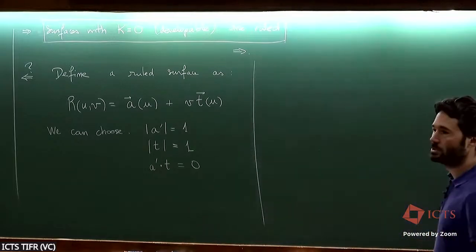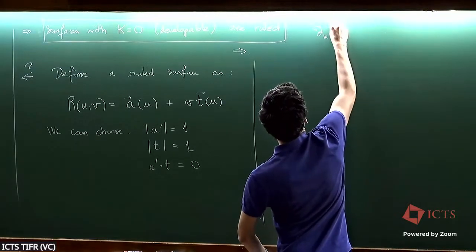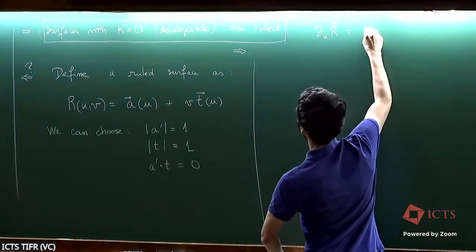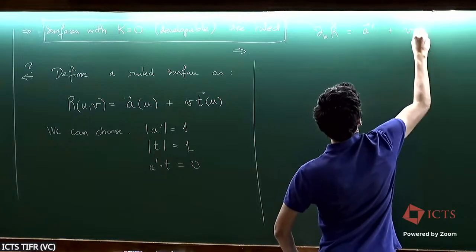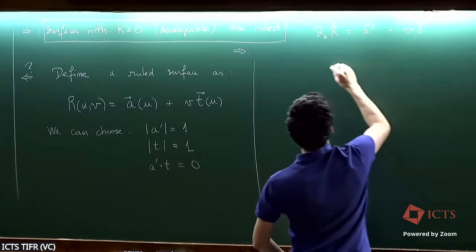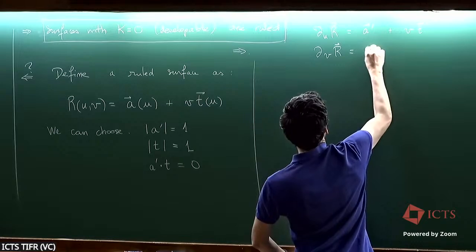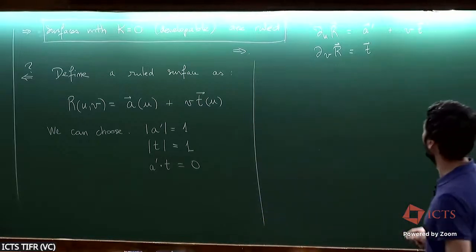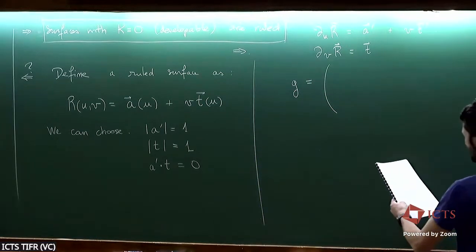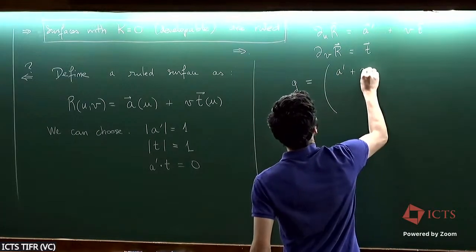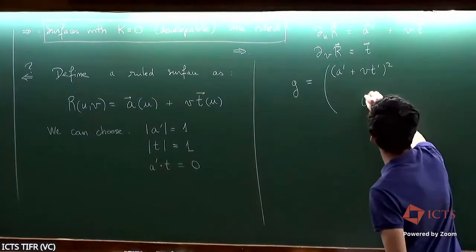So from this surface, we can compute the metric. To compute the metric, we have d_U R, which is A prime plus V T prime, and d_V R, which is just T. Now the metric will be given by A prime plus V T prime, a vector squared, then 0, 0.